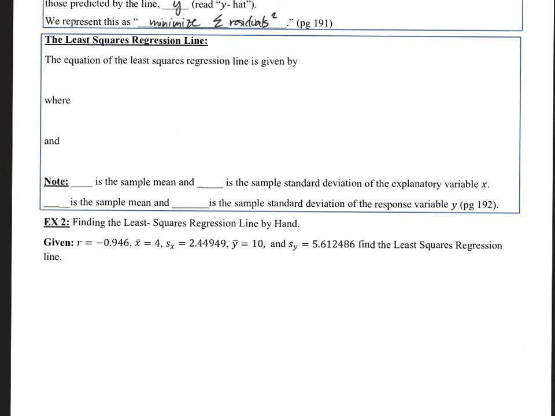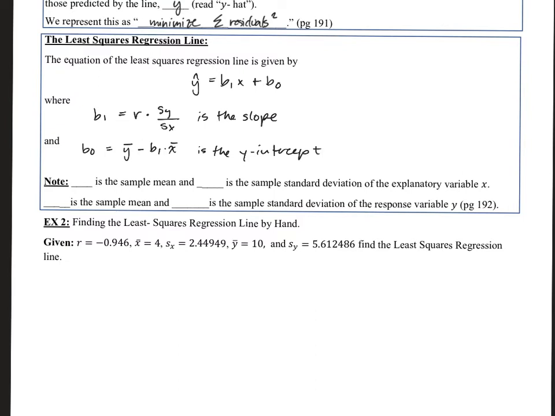The equation of the least squares regression line is given by the following: y hat equals b sub 1 x plus b sub 0. Notice this looks a lot like slope-intercept form, which we just went over, where b sub 1 equals r times s sub y over s sub x, which is the slope, and b sub 0 equals y bar minus b sub 1 times x bar, which is the y-intercept.